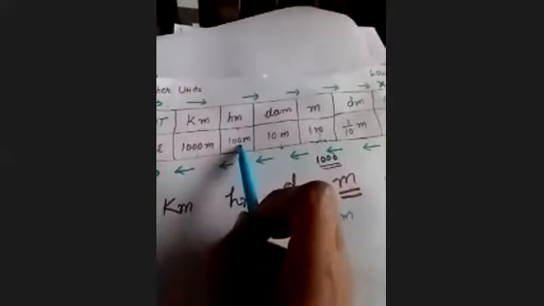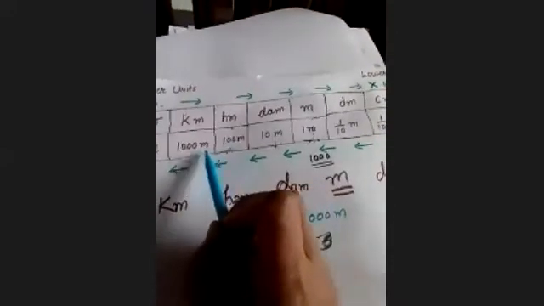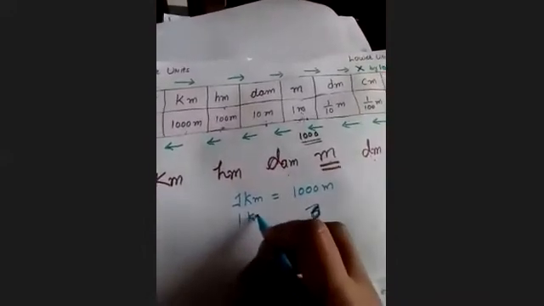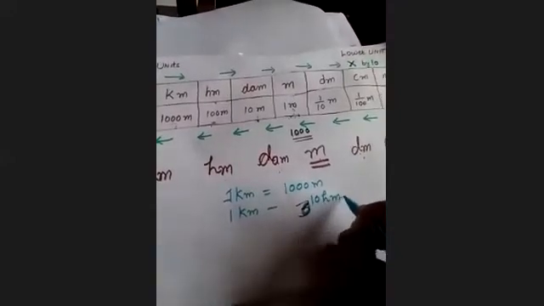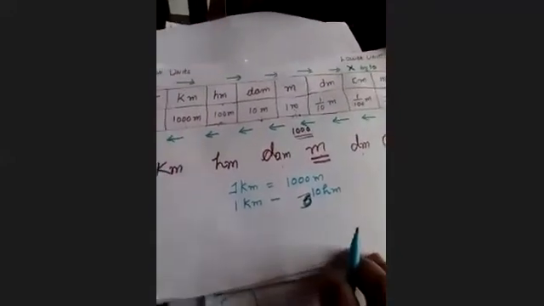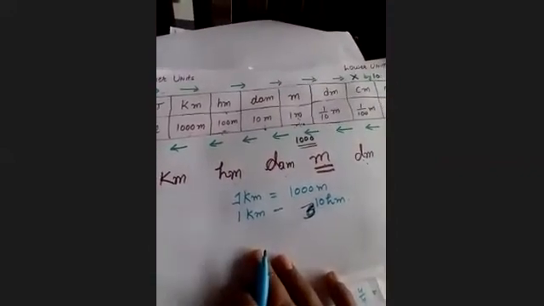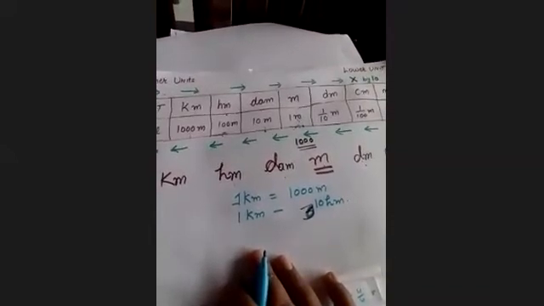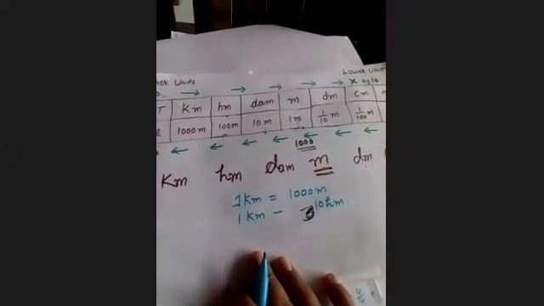Now, when we convert kilometer into hectometer, we have only one step, so we multiply by 10. In 1 kilometer, we have 10 hectometer. Clear, students?